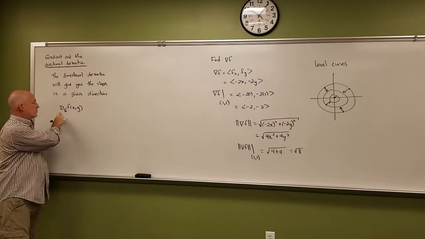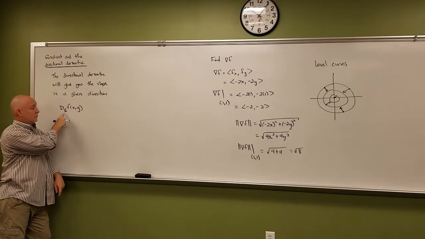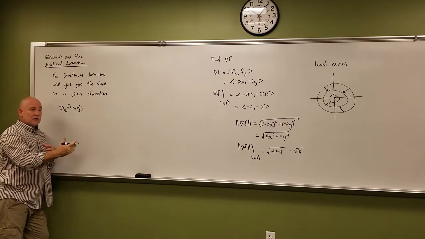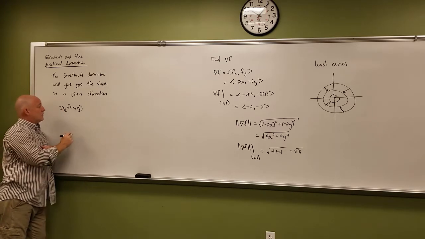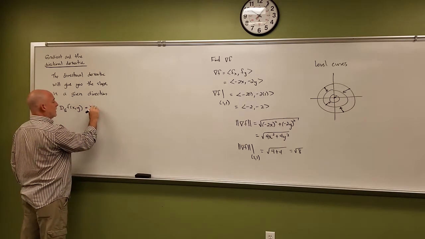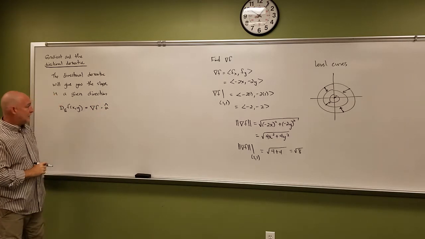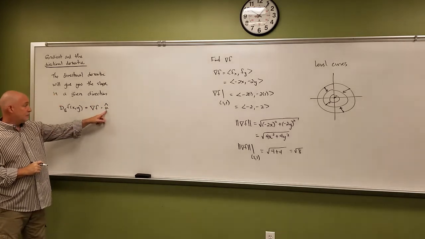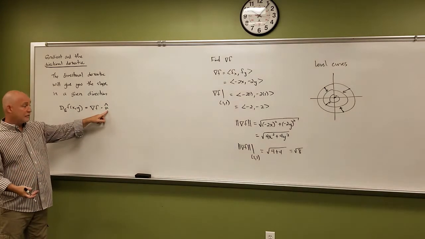So this is the directional derivative of f in the u direction. So u, to state what the direction we're going to move in, we're going to use a vector to say we're going to move that way. The way that we're going to define this is fairly simple. We're going to find the gradient of the function and just dot it with u hat. But remember, when we dot something with a unit vector, the only thing we get is how much it points in this direction.